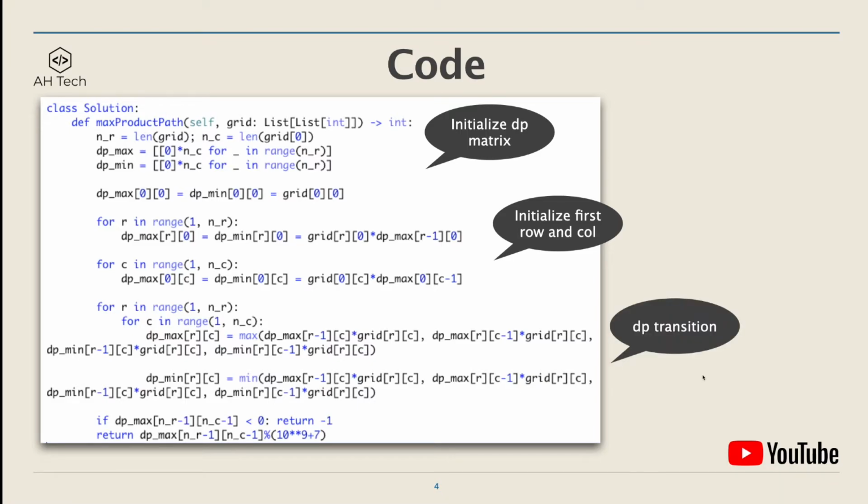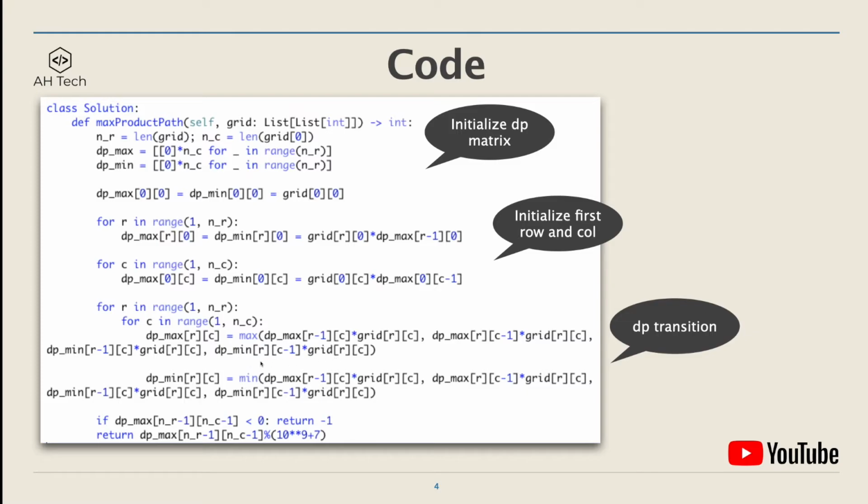And the last part is the DP transition. For DP max, the value of every cell can be the maximum among 4 values, which is grid RC times the left cell of DP max, or the top cell of DP max, or grid RC times the left cell of DP min and the top cell of DP min.